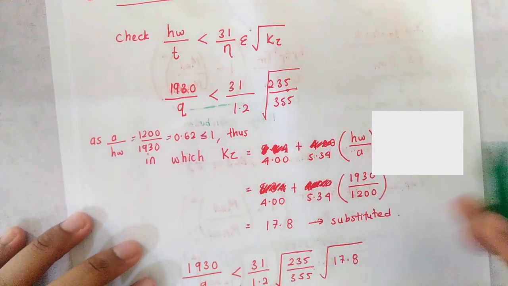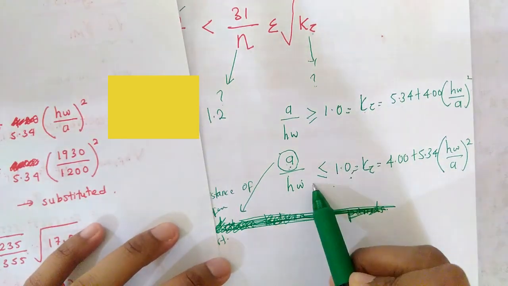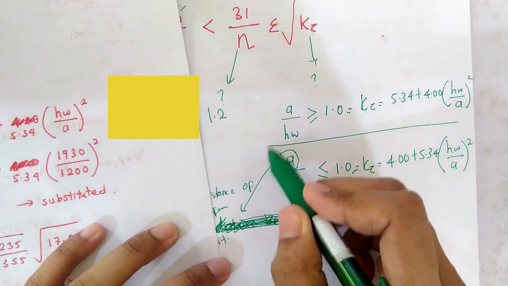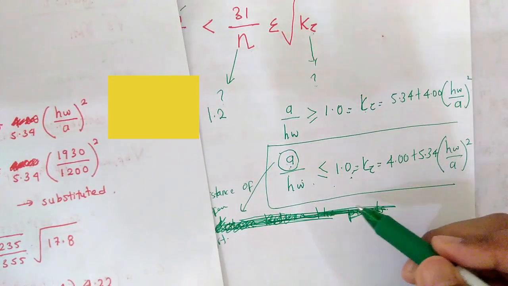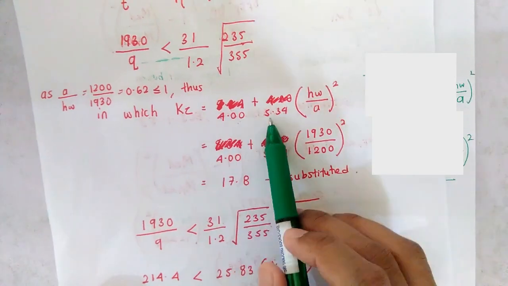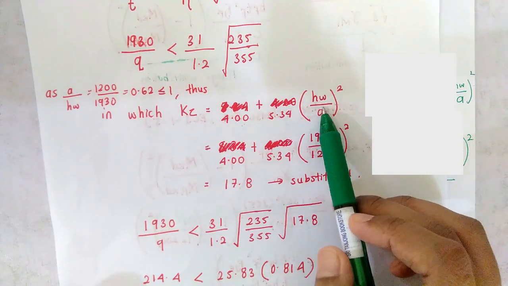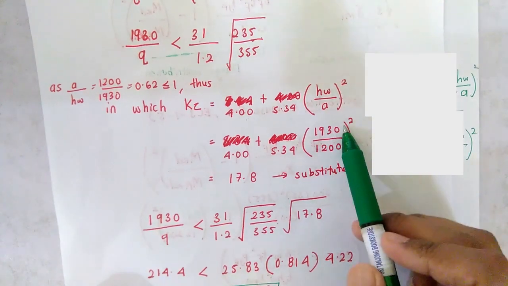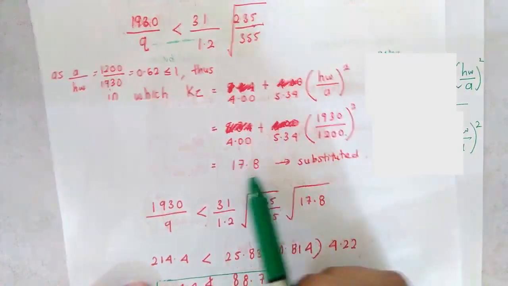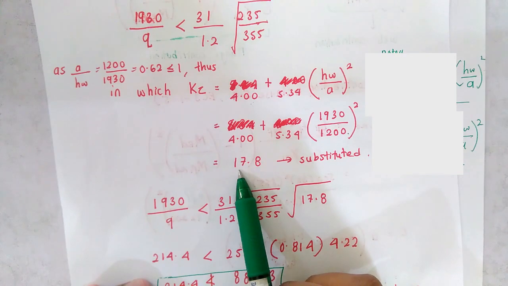So when it is lesser than 1, what does it mean? It means that we should choose this equation, 4 plus 5.34 (hw over a) squared. Then you substitute the required values and you get 17.8.